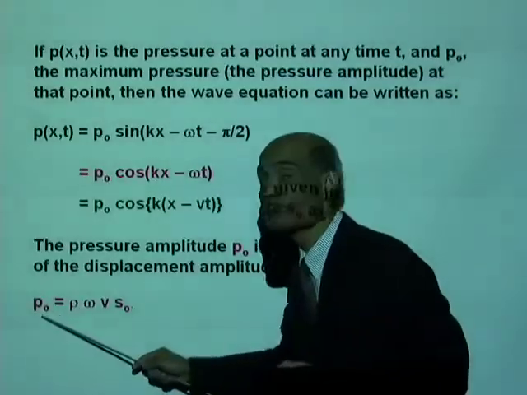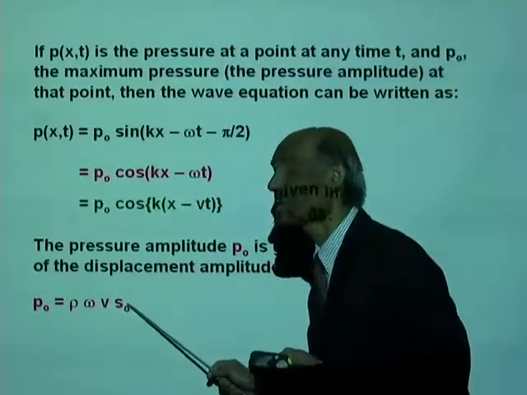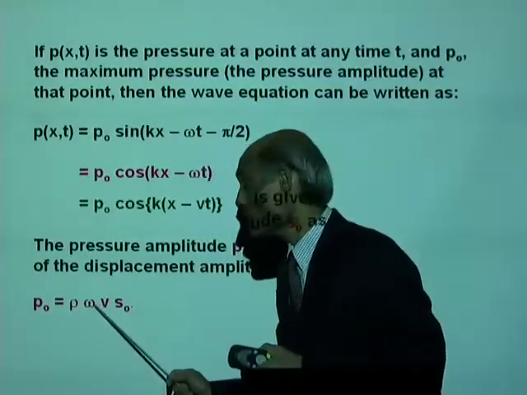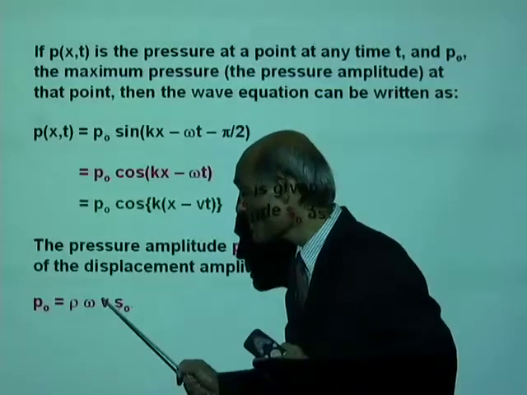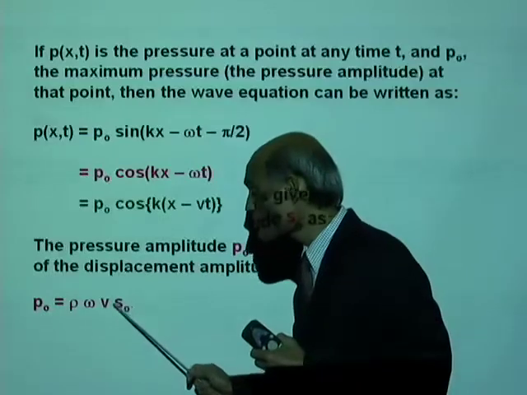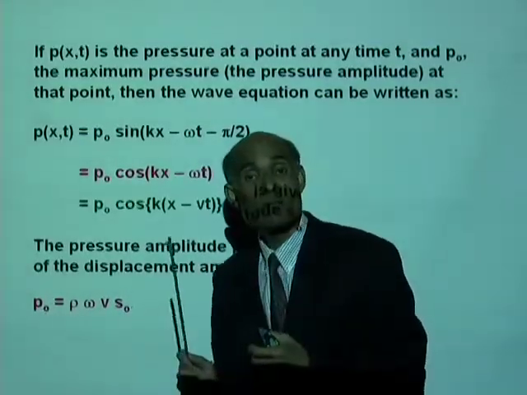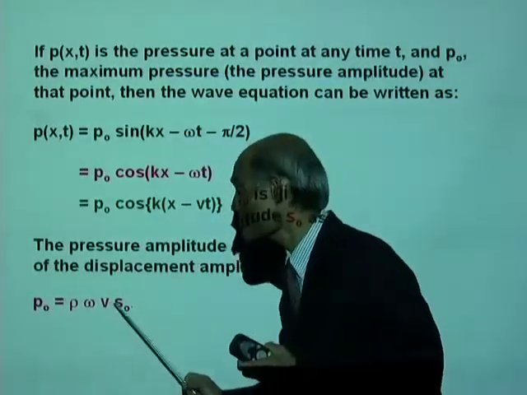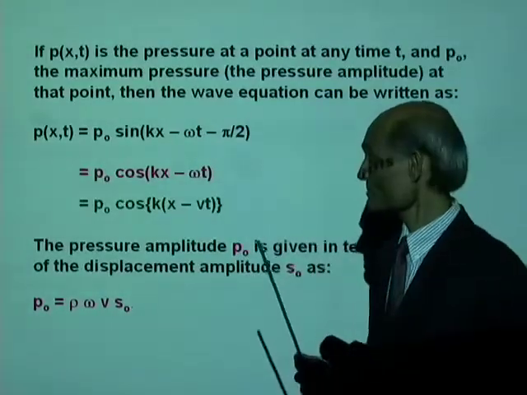It is P0 equal to rho omega v S0. Rho is the density of the medium, omega is the angular frequency, that is 2 pi f, v is the speed of the wave, S0 is the displacement amplitude, and P0 is the pressure amplitude. So, a relation between pressure amplitude and displacement amplitude.